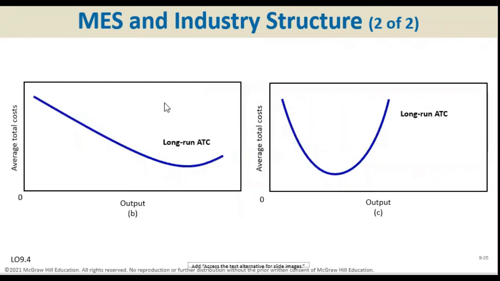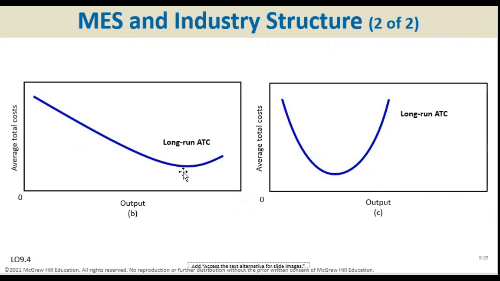So in these cases, an industry with economy of scale over a wide range of output leads to a few large-scale firms, right? Because a small firm cannot realize the minimum efficient scale in this industry, and will not be able to compete.